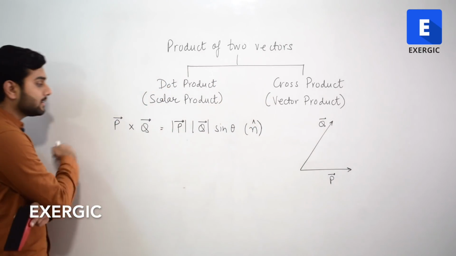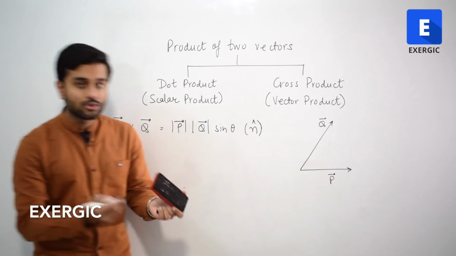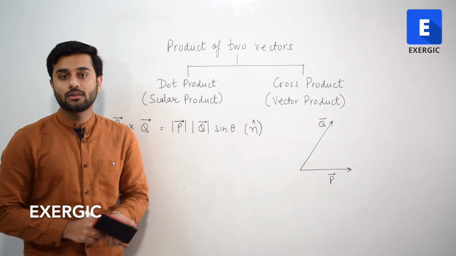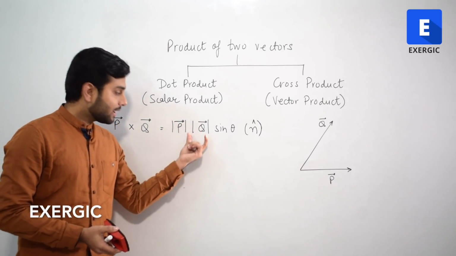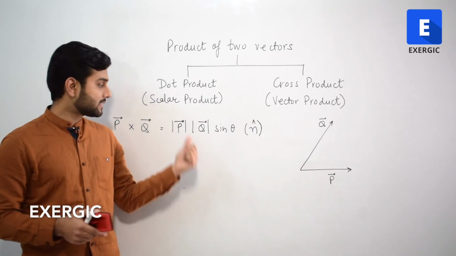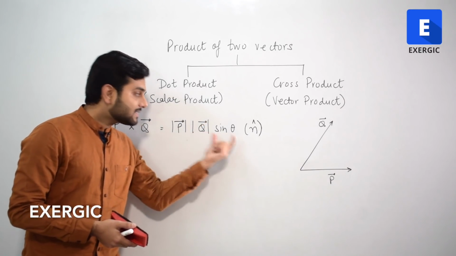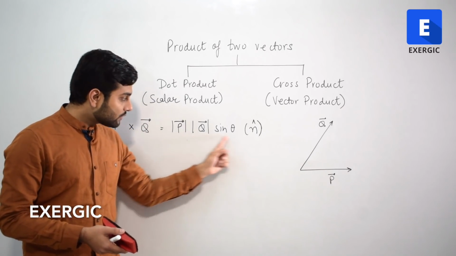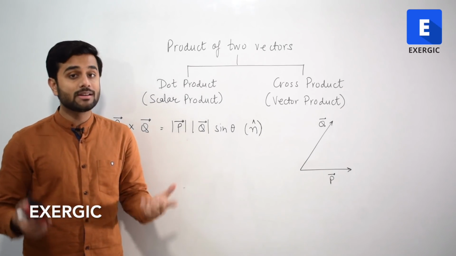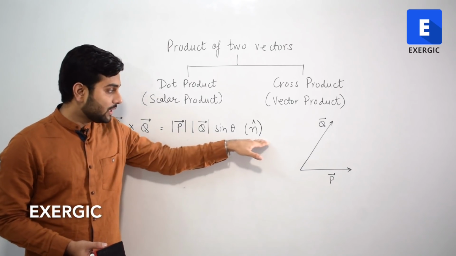Now if you look at the expanded expression of the cross product, how you actually take the cross product of two vectors, you take the magnitude of one and the other, and you multiply them. Obviously these are magnitudes, scalar values. You multiply them with the sine of the angle between them. But you will say that all of these three are scalar values, so how come it is giving a vector as a result? That is decided by this value n cap.